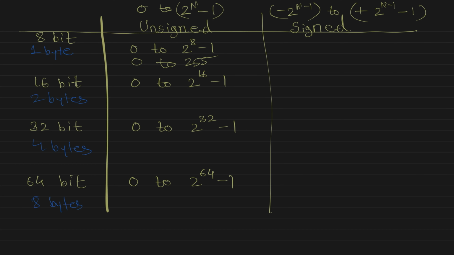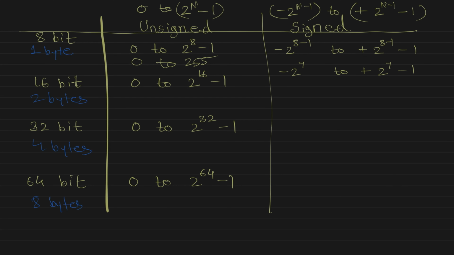Okay, now coming to the signed ranges. So for signed, again we have all these values of n, we'll just substitute them and we'll see. So for an 8 bit signed integer, what will be the range? Minus 2 raised to 8 minus 1 to plus 2 raised to 8 minus 1 minus 1. So this will be minus 2 raised to 7 to plus 2 raised to 8 minus 1, which is 7, minus 1. So what does this mean?